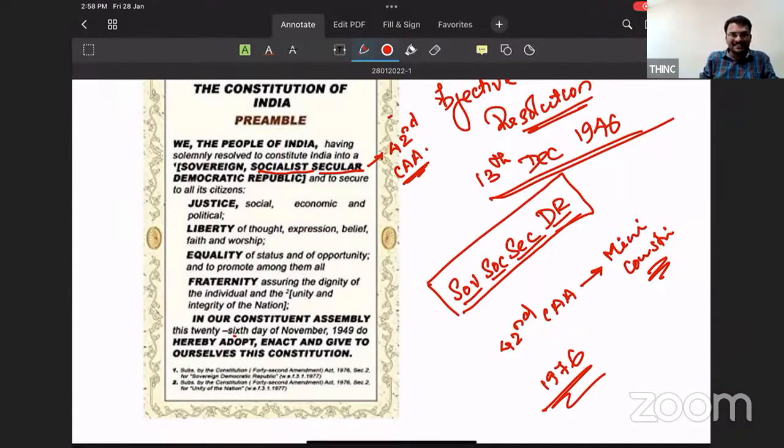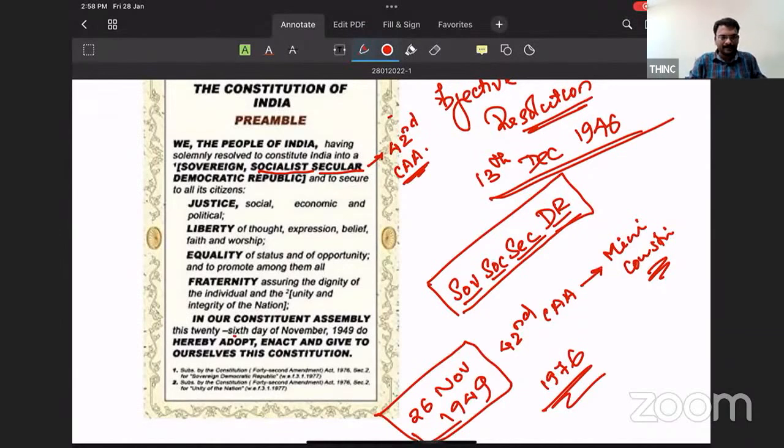This 26th day of November 1949, do hereby adopt, enact, and give to ourselves this constitution. The date: 26th November 1949. So the Constitution of India was adopted on this particular day.